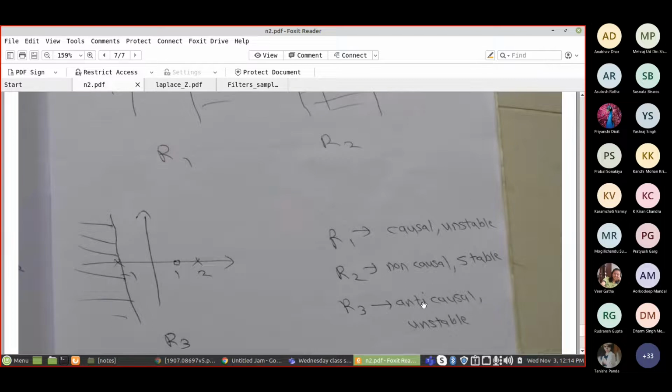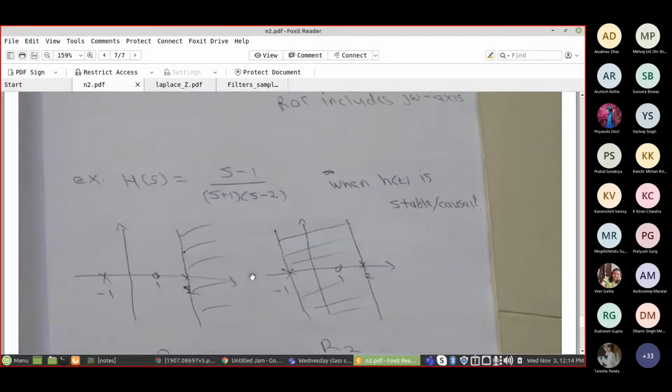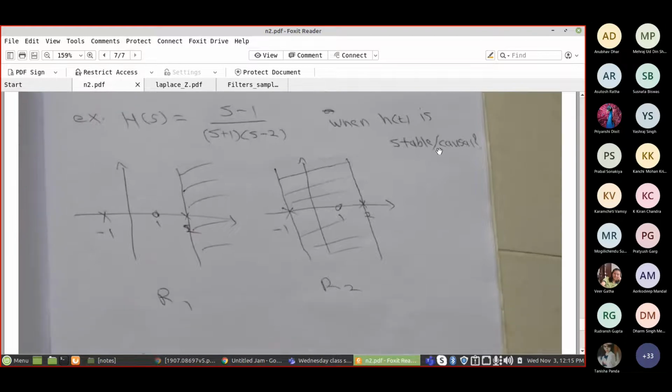This is anti-causal and unstable, because the j omega axis is not there, and anti-causal because everything is to the left of the leftmost pole. So this system is not both stable and causal. For none of these ROCs is it both stable and causal. You can have causality here and stability here, but you don't have both.